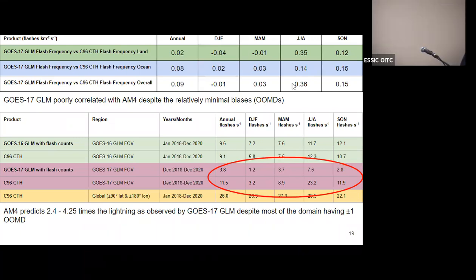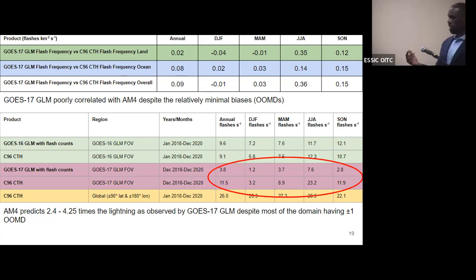And I guess what we are finding here is that when we calculate the flash rate, and I'm defining flash rate here in this bottom table as the total number of flashes in the domain divided by the number of seconds of that time period, the GOES-16 GLM flash rates per season and annually are comparable to the cloud top height in the model.